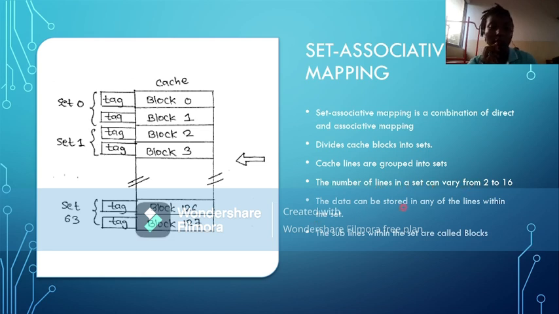The data can be stored in any of the lines within the sets. The sublines in the set are called blocks. That is what you see over here. This is a cache memory inside a set associative mapping, and you can see the grouping of the sets. The lines inside the sets are called blocks.